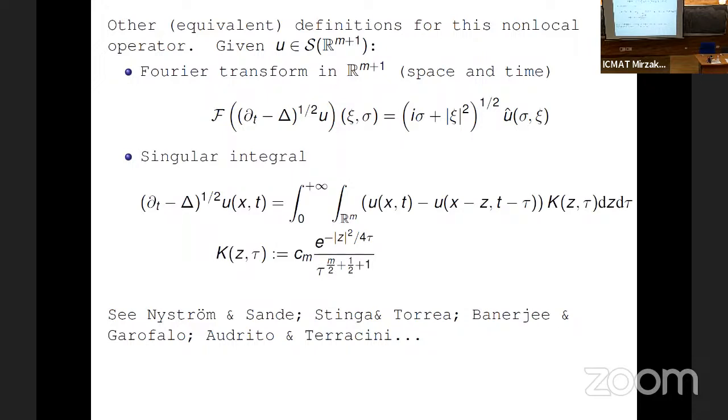Here, this K is essentially 1 over tau to some power times the heat kernel. So these three definitions turn out to be equivalent. Either you define it through the Fourier transform, or the singular integral, or the extension.